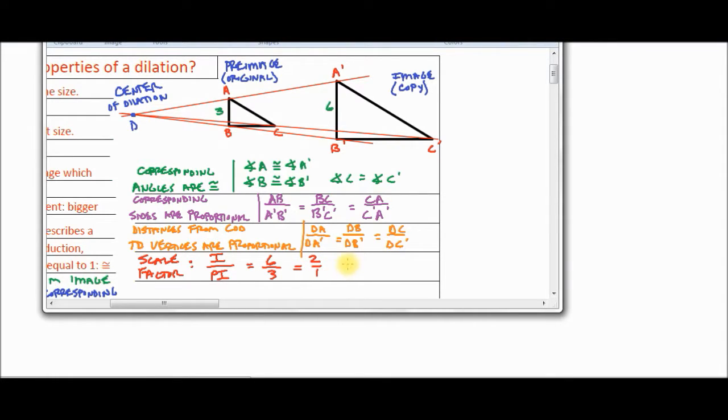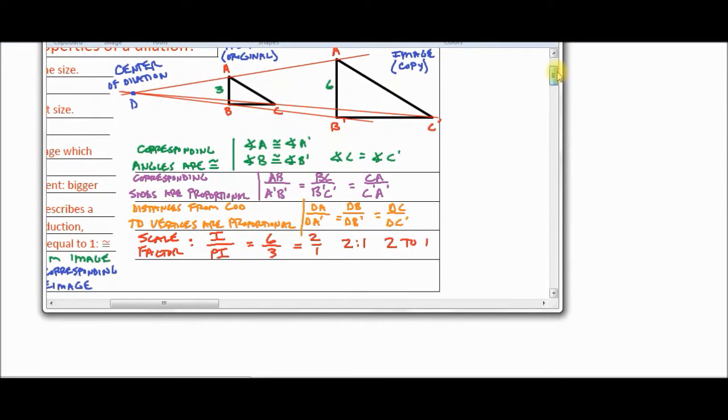We could also write that as 2:1, or we could also write that as 2 to 1. Okay? Now you can use any corresponding side to find your scale factor, and you should write that in here. You can use any corresponding side to find the scale factor. You didn't have to just pick AB and A prime B prime. I could have picked any two corresponding sides.